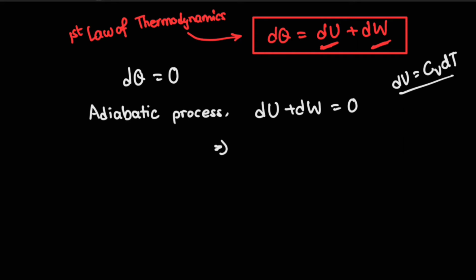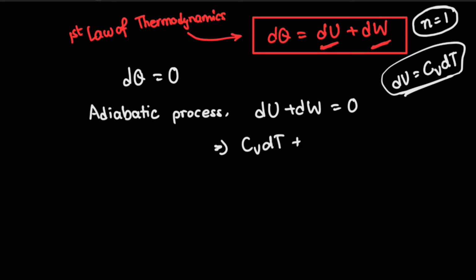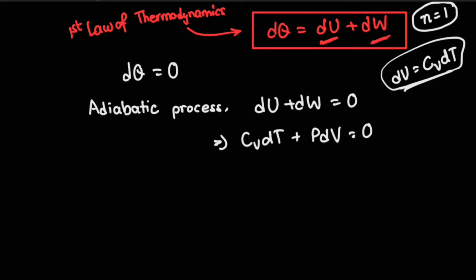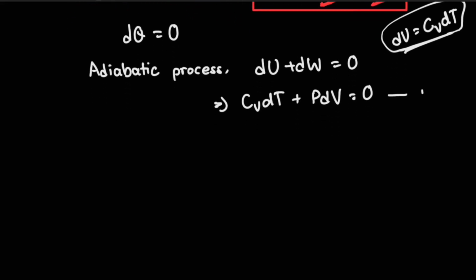For this to hold, we must consider that the number of moles of ideal gas we are dealing with is 1. So we can write du as Cv dT, plus the work done by the system, which is P dV. Let this be for some time.